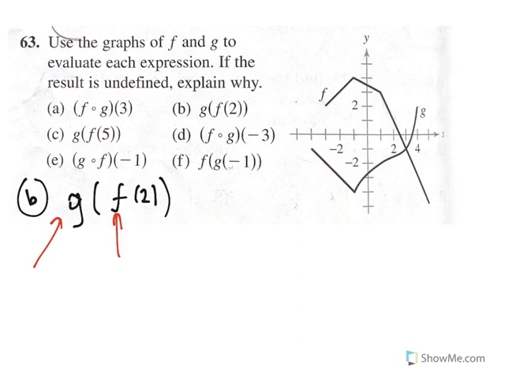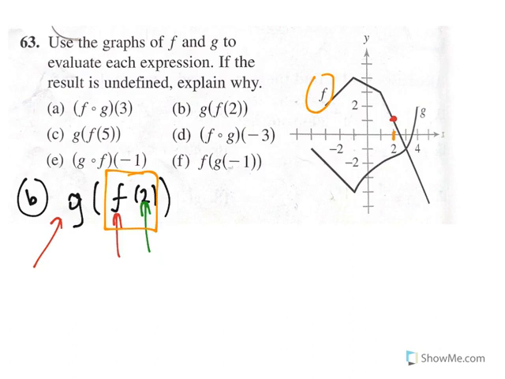Third, you've got to understand function notation. So the input for the function f is 2, and the output is f of 2. You've got to get that information from the graph of f. So here's the graph of f. When the input is 2, x is equal to 2, what is the output? Look at this point on the graph of f.